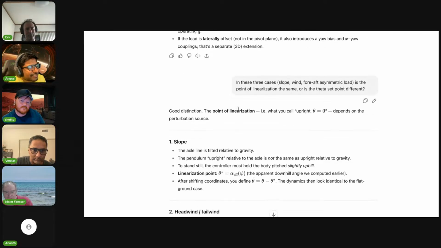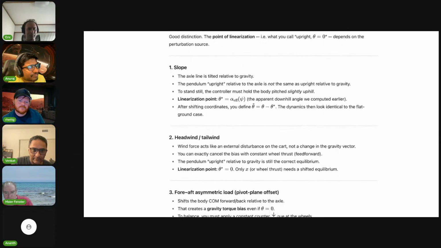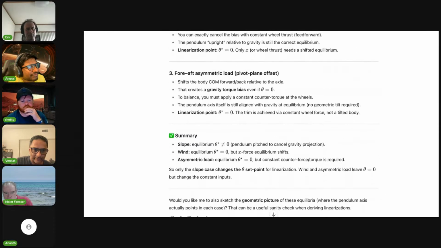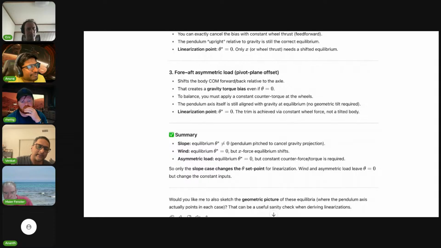Let's see what else is worth talking about here. Headwind, tailwind. I asked it some questions about it. Fore-aft asymmetrical load. By the way, this model accounts for both the idea of a manipulator arm sticking out forward and picking stuff up, and what we already have, which is the asymmetric tail on one side, which we've added the little caster to. So that's already an asymmetric load.